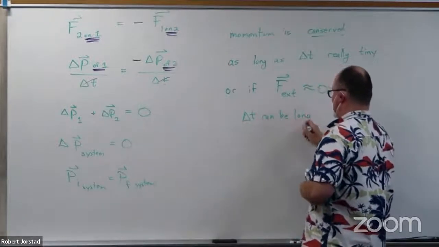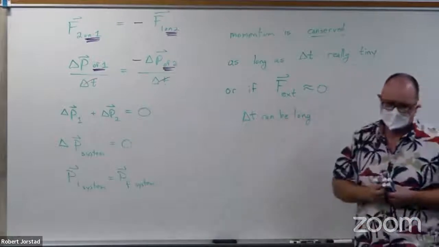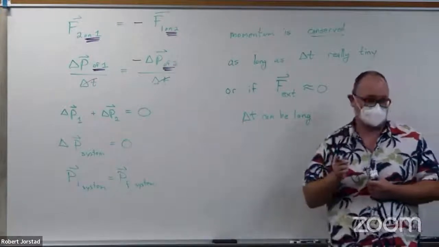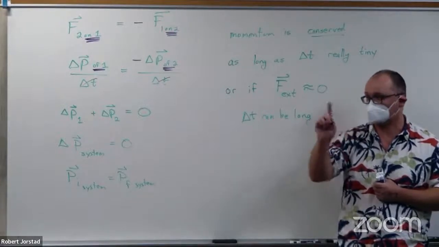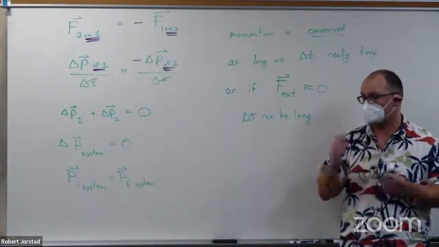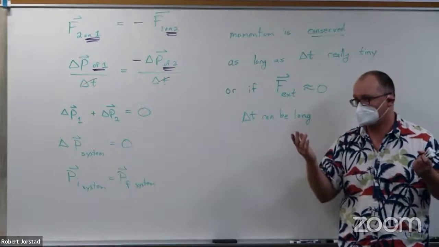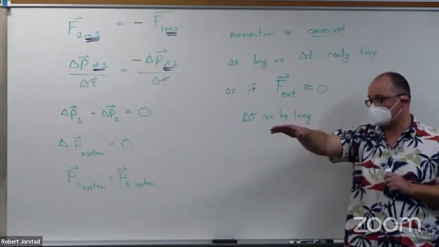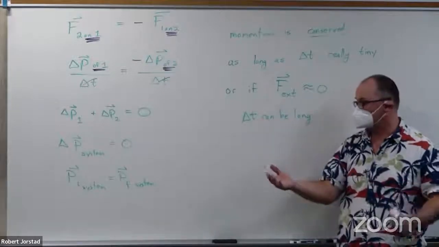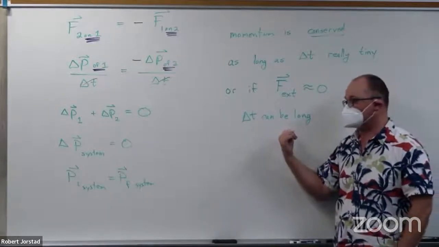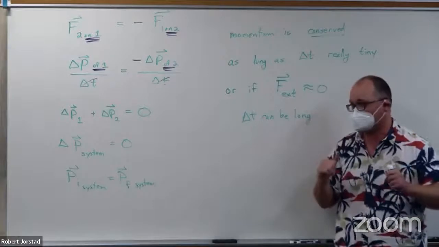Let me give you an example. Suppose you take a satellite and you send it towards Venus, and it takes about 2-3 days to go around Venus, or maybe 2-3 hours. Well, out in space, there's no air resistance, so the external forces like friction are negligible. So even if the collision takes 2 days or 2 hours, it's still valid.